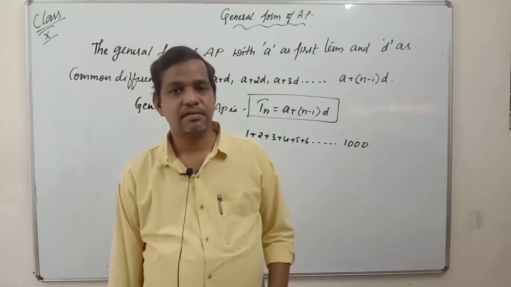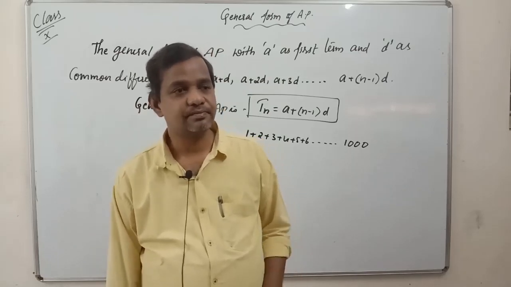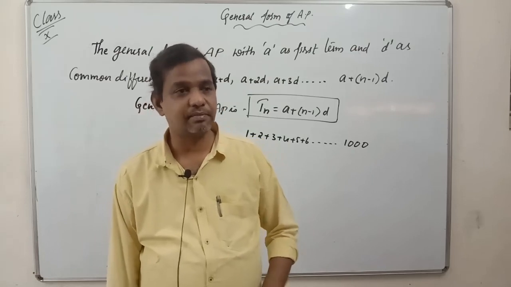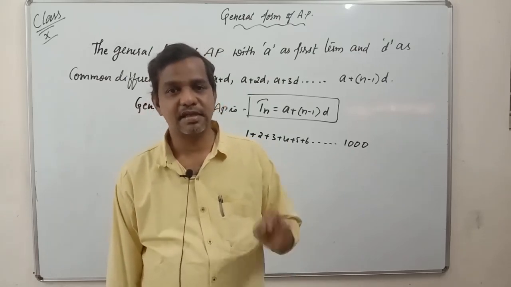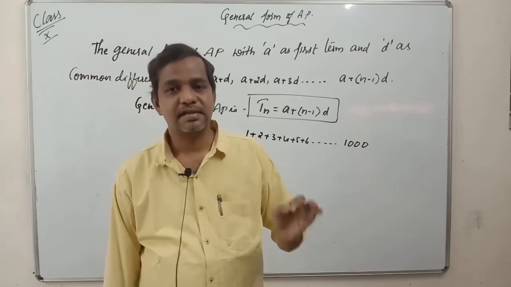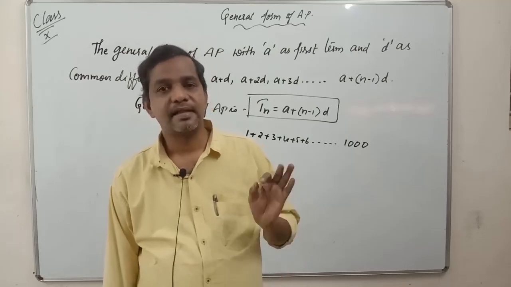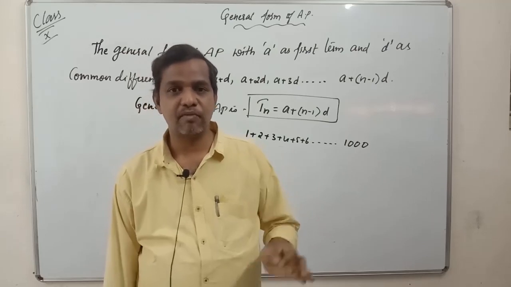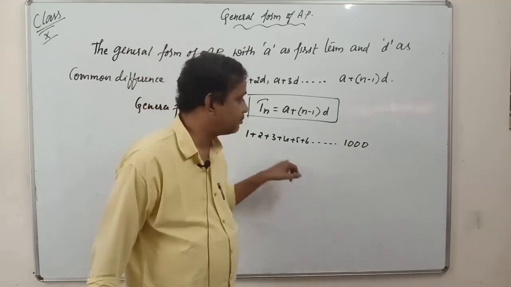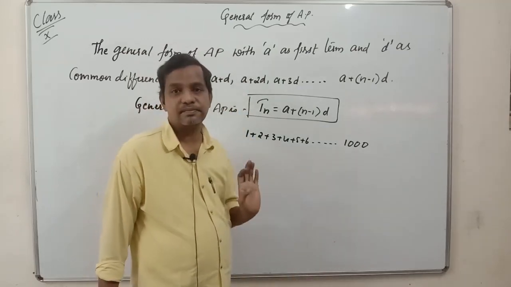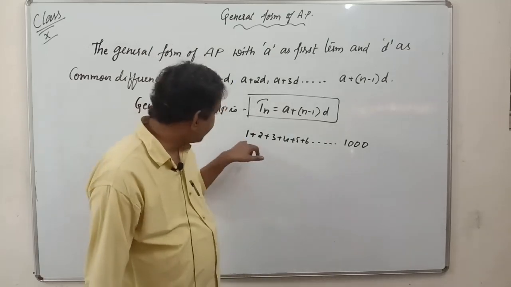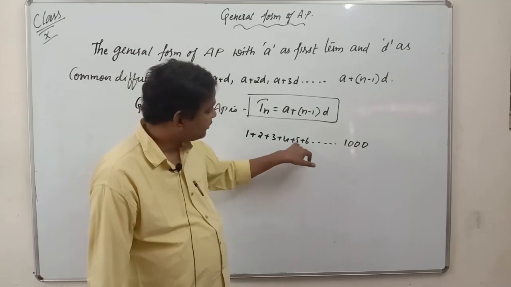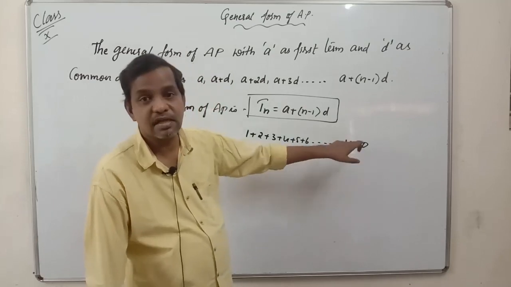After 10 to 15 seconds, the boy who was adding these numbers stood and told, sir, this is the number I got after adding all the numbers from 1 to 1000. Just in 10 to 15 seconds. Can you imagine, if you go on adding 1 plus 2 plus 3 plus 4 plus 5 plus 6 up to 1000, how much time it may take?